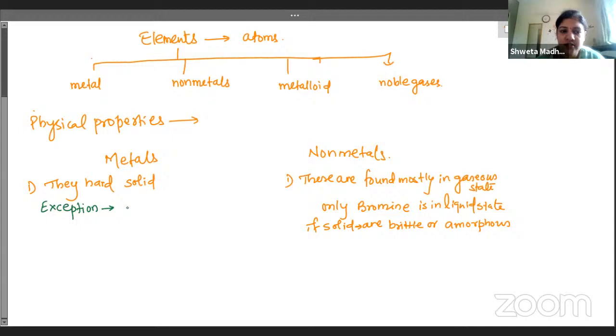Exceptions for metals are sodium, potassium and mercury. Mercury is found in liquid state, right?